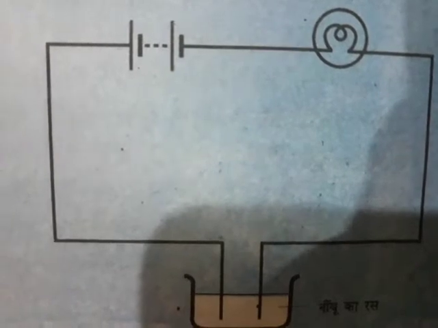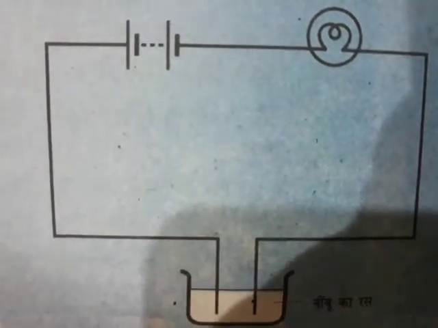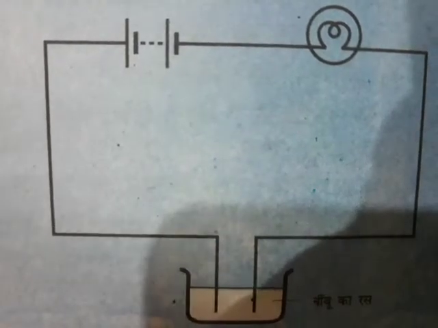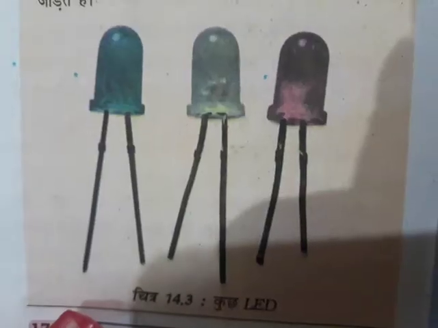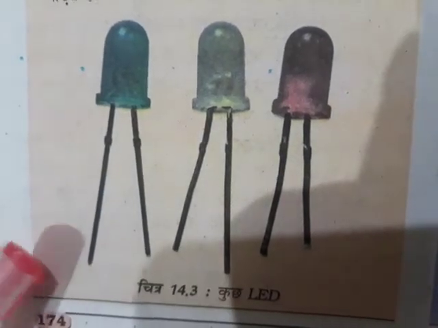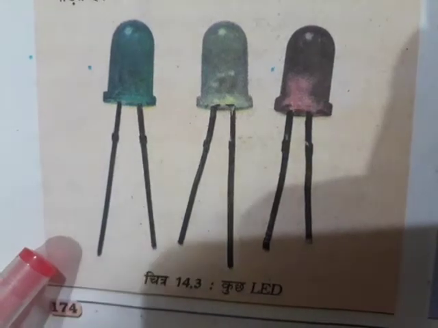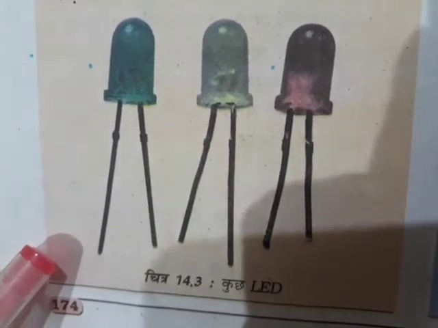Because a material may conduct electricity, it may not conduct it as easily as metal. You have heard about LED. LED glows even when a big electric current flows through it.